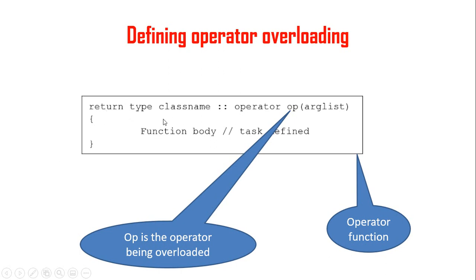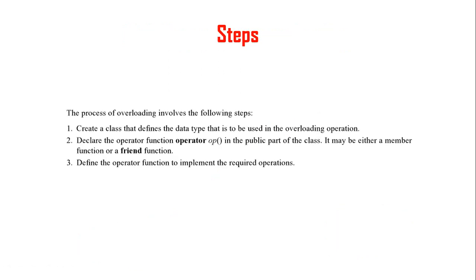Then you will declare the necessary functions. First we write an operator function, and with its help we define the necessary function body statements to implement the operator overloading concept.